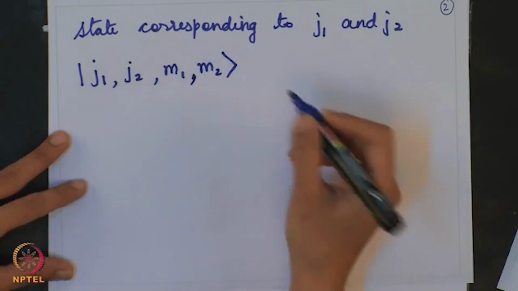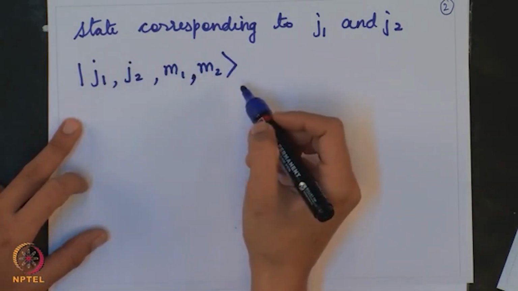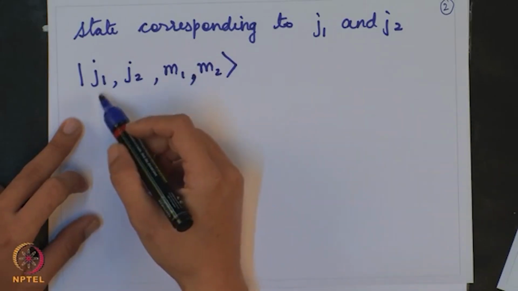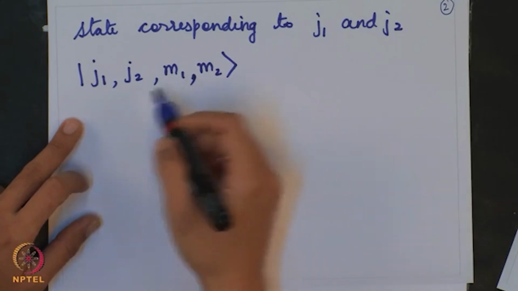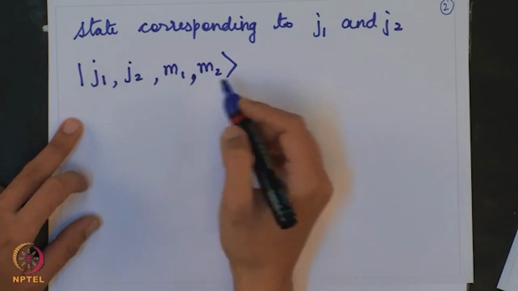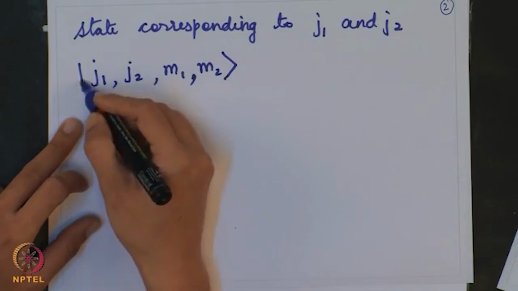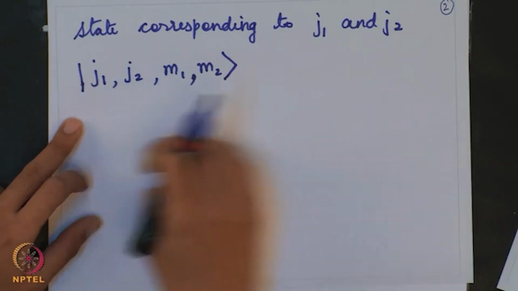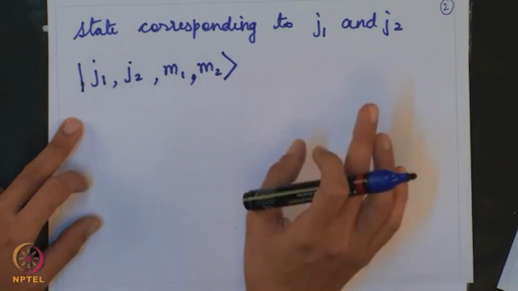Please note that there are various ways of representing these states. Sometimes people write it as J1, M1, J2, M2. The order is not so important, but whatever order you are writing, you have to stick to that order.